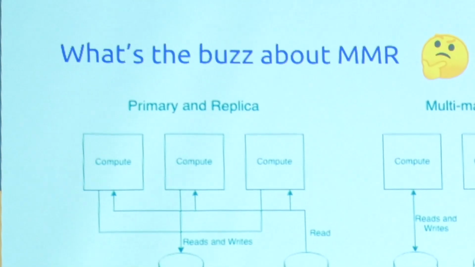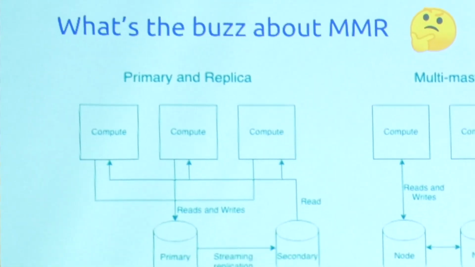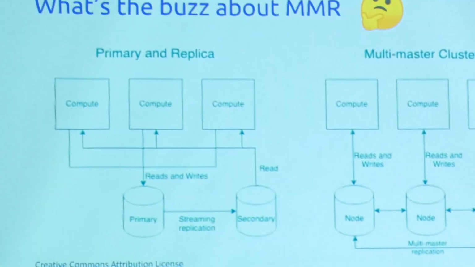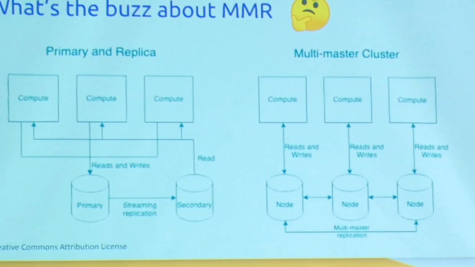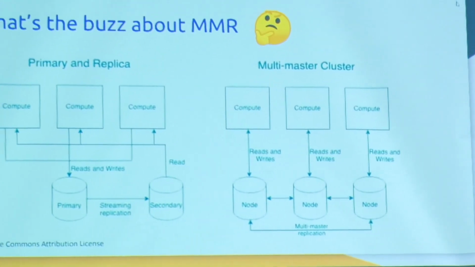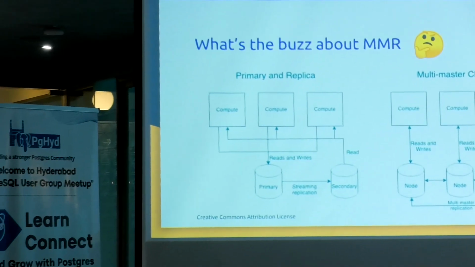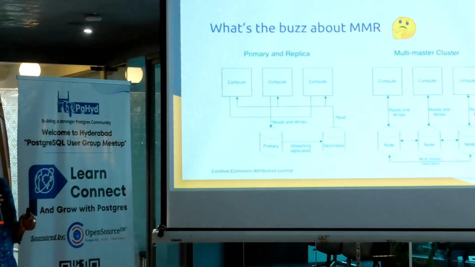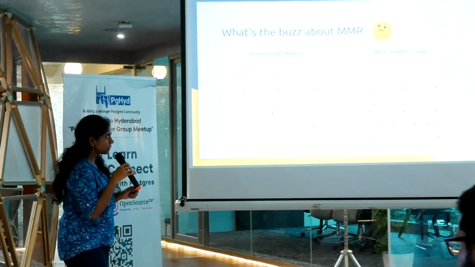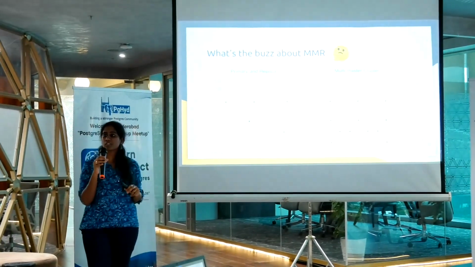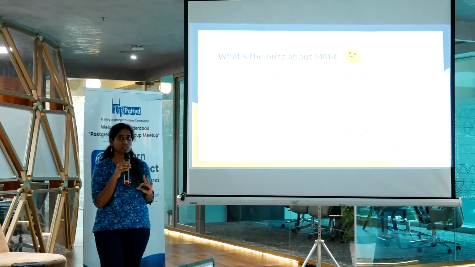The name itself suggests that it has an n number of nodes where each node can act as a master, and we can do read and write operations concurrently. In multi-master replication, we have one major challenge, which is known as conflict resolution.